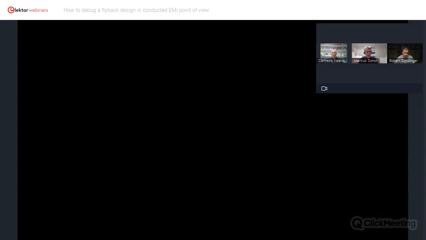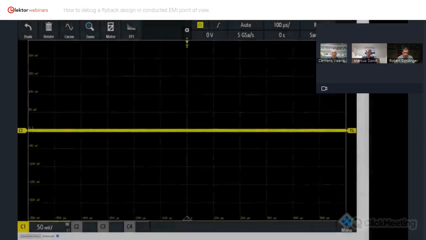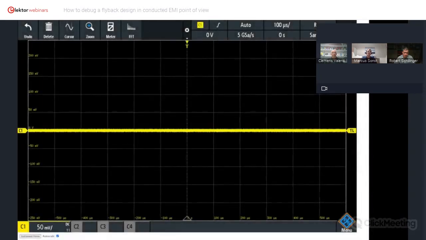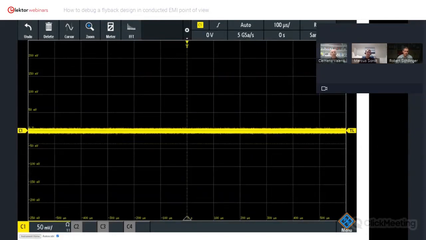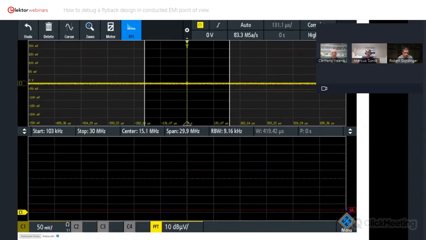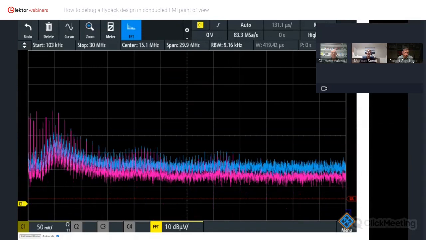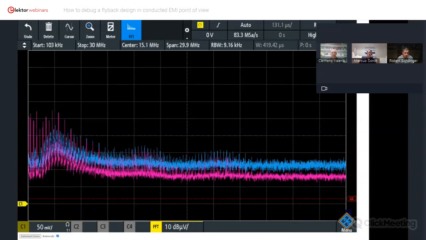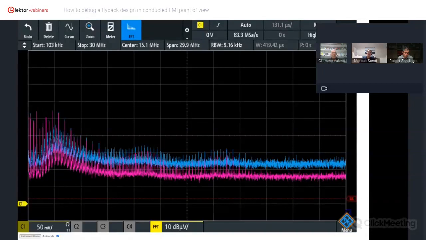And now we are changing to the instrument view, because I sent now the data to the instrument, and this is the startup default setup of the oscilloscope. And now the setup gets transferred, and you see a lot of events happening on the oscilloscope. And in the end, here we have now our spectrum, our emissions.